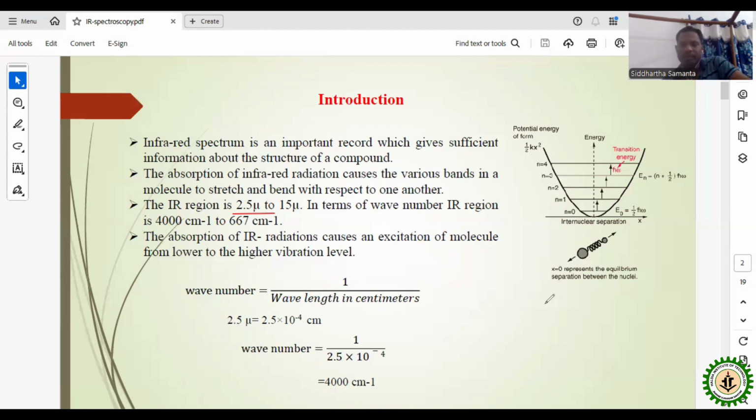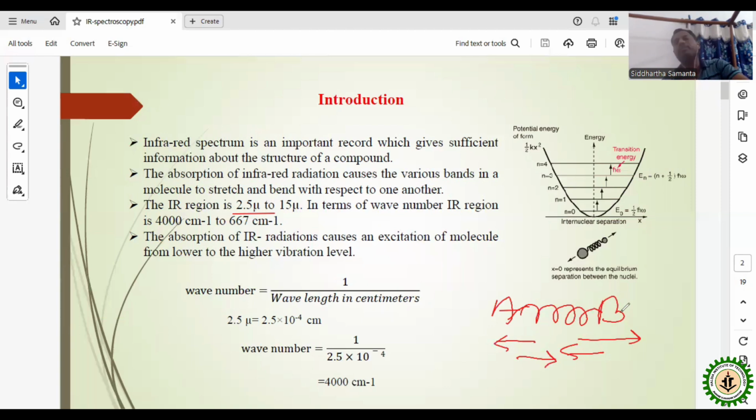Consider a bond made by two atoms, A atom and B atom, connected by a spring. If this AB molecule absorbs energy, the spring stretches and then comes close again, and in that vibration, it absorbs some energy.